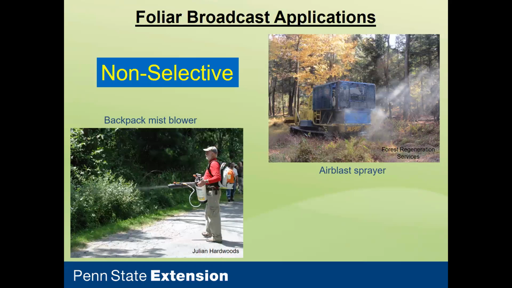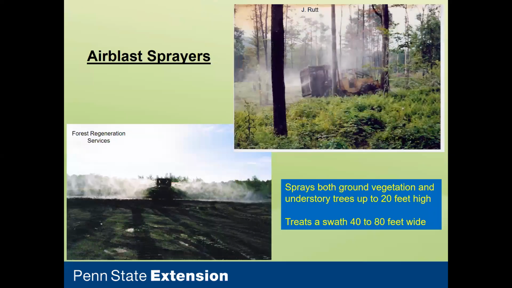But these are non-selective, so that mist is very difficult to control exactly where it's going to go. So if you have desirable species in that understory, chances are, it's going to be controlled along with the fern or the invasives that you're trying to deal with as well. So these spray both ground vegetation and understory trees up to 20 feet high.